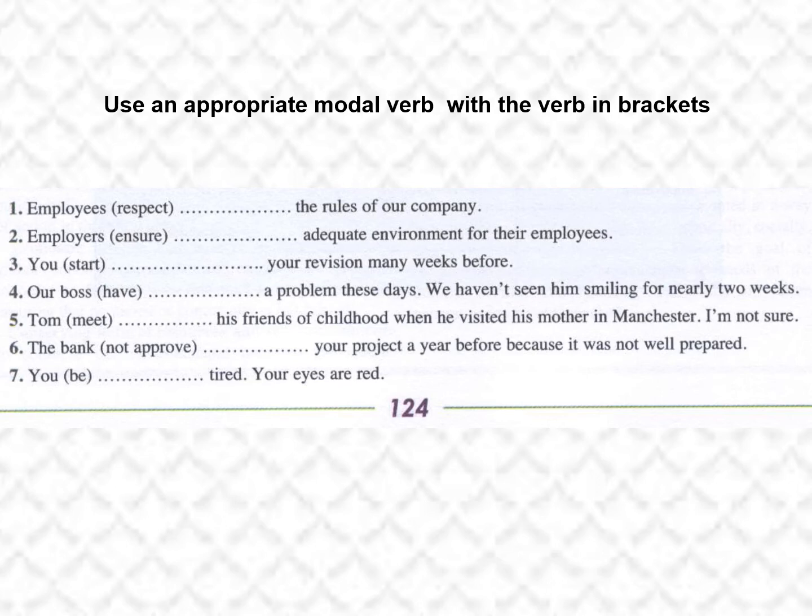Let's focus on the first one. So employees, we can say, must respect the rules of our company or have to respect the rules of our company. But the employers must or have to ensure adequate environment for their employees.